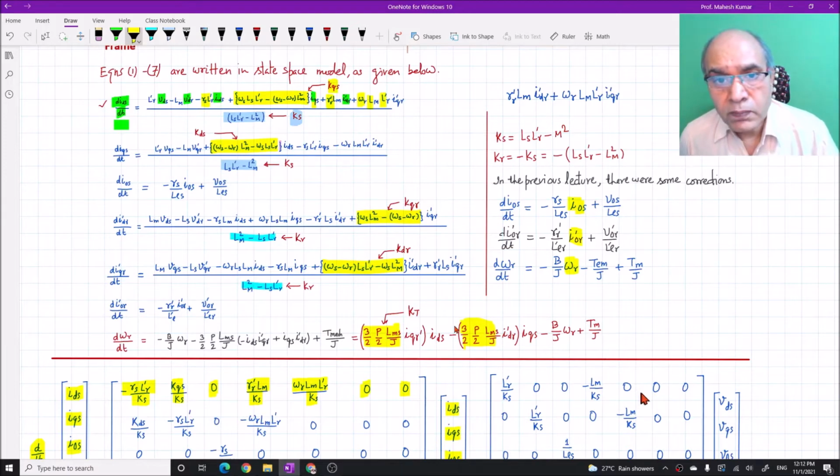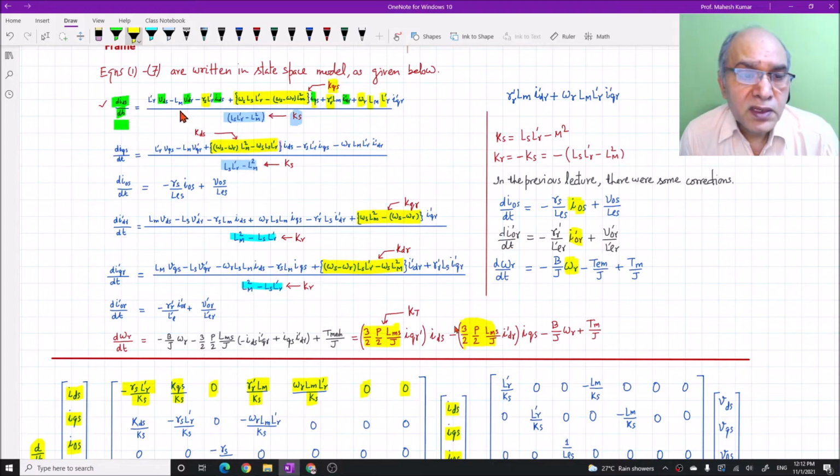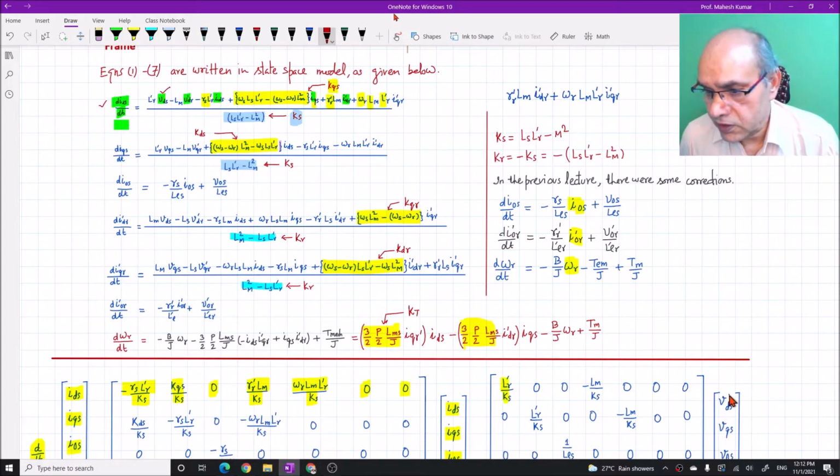If you go to the B matrix, then we have to seek the coefficients of the voltages. For example, the coefficient of Vds is Lr dash by Ks. This is Lr dash by Ks. The next one is Vqs. There is no Vqs here, so this coefficient is 0. Then V0s is 0. Then the coefficient of Vdr dash is minus Lm by Ks.